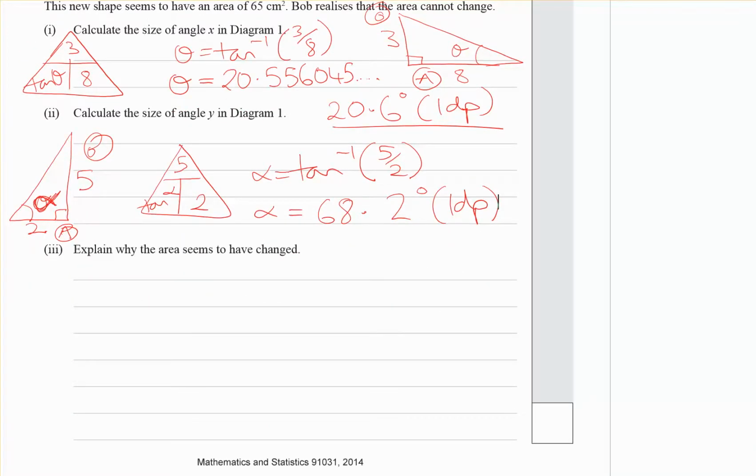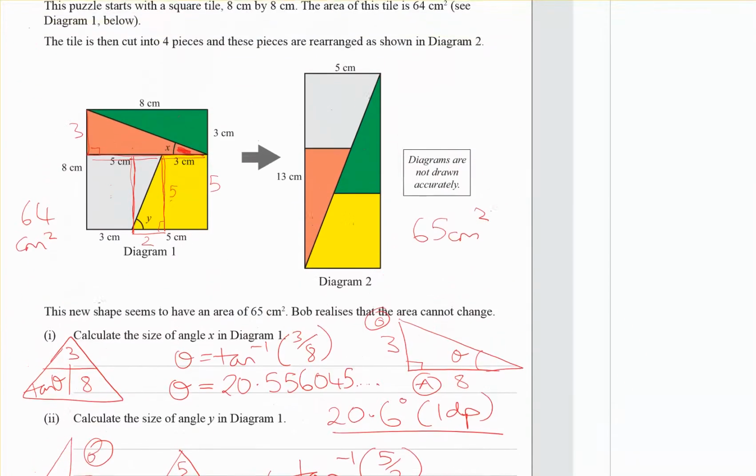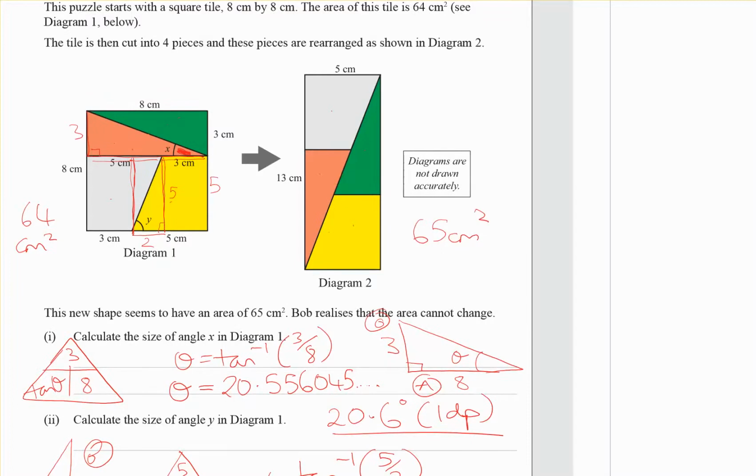Explain why the area seems to have changed. So, having a look up here, it does help, of course, if you've seen this puzzle before. That angle there, obviously it's the same piece arranged the same way. We've worked that out to be 68.2. And if you notice, this orange triangle has been flicked around, and this angle in here we worked out is X, which is 20.6 if we round it.